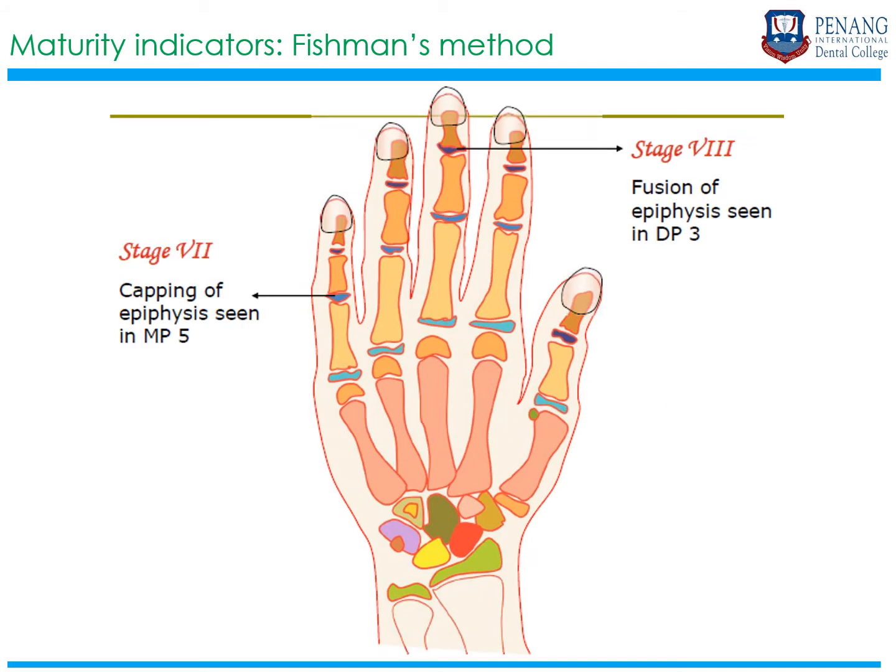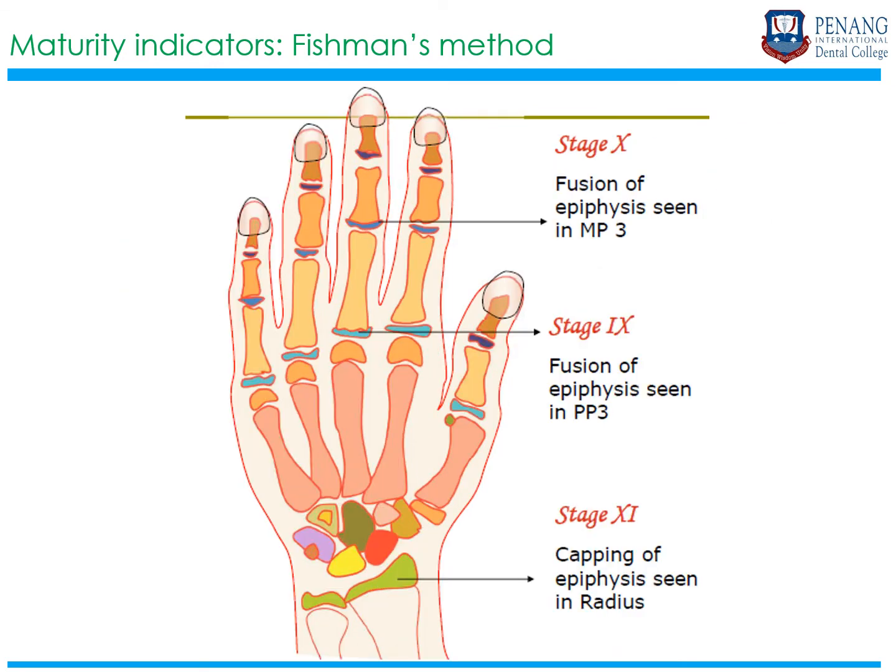Here you see stage 7 and stage 8. Stage 7 is the capping of epiphysis in the medial phalanx of the fifth finger, whereas stage 8 you see the fusion of epiphysis in the distal phalanx of the third finger. Here you see the last three stages, stage 9, 10, and 11. So stage 9 is the fusion of epiphysis seen in proximal phalanx of the third finger.